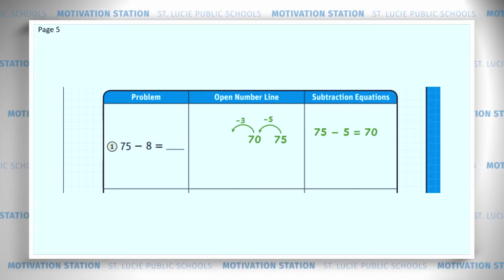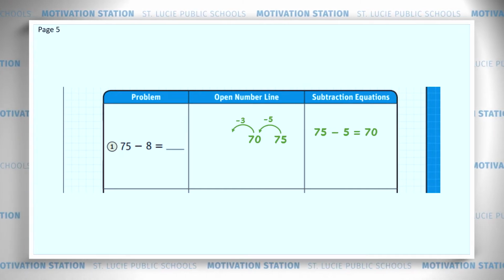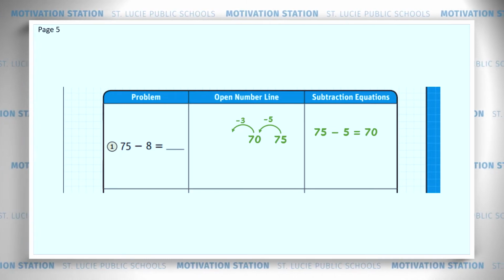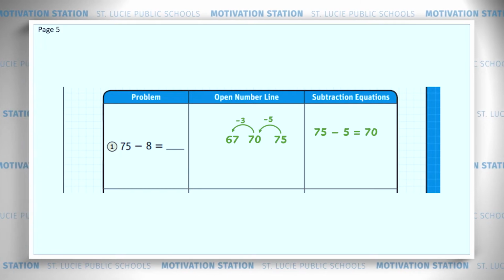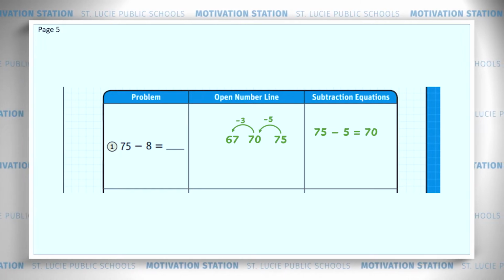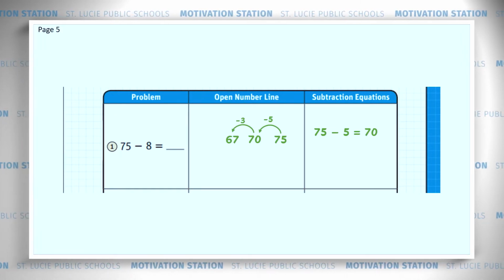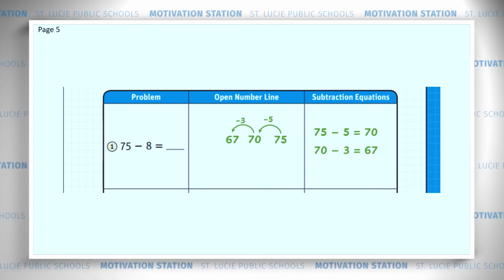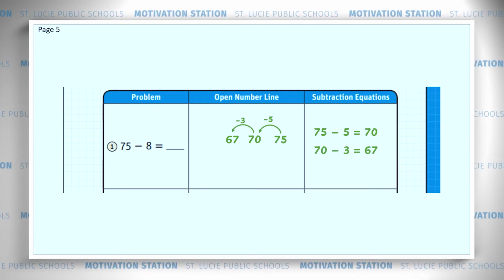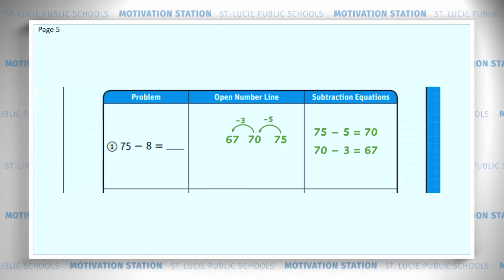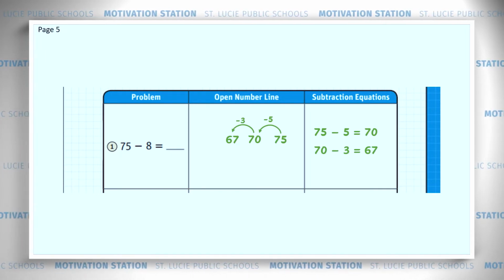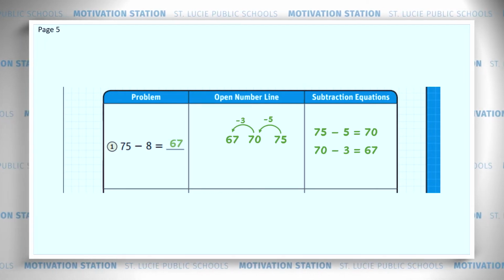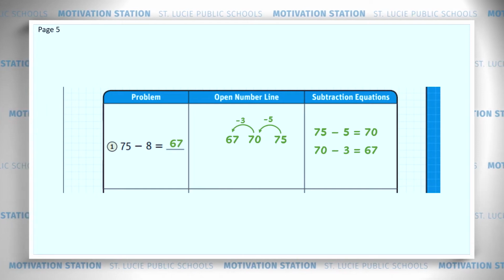Well, now I've got to think, what is 70 minus 3? 67. My next step is to record my second equation that I represented on my open number line. My second equation is 70 minus 3 equals 67. I've now subtracted my whole 8. I just did it in 2 jumps. So the answer to the problem is 67.